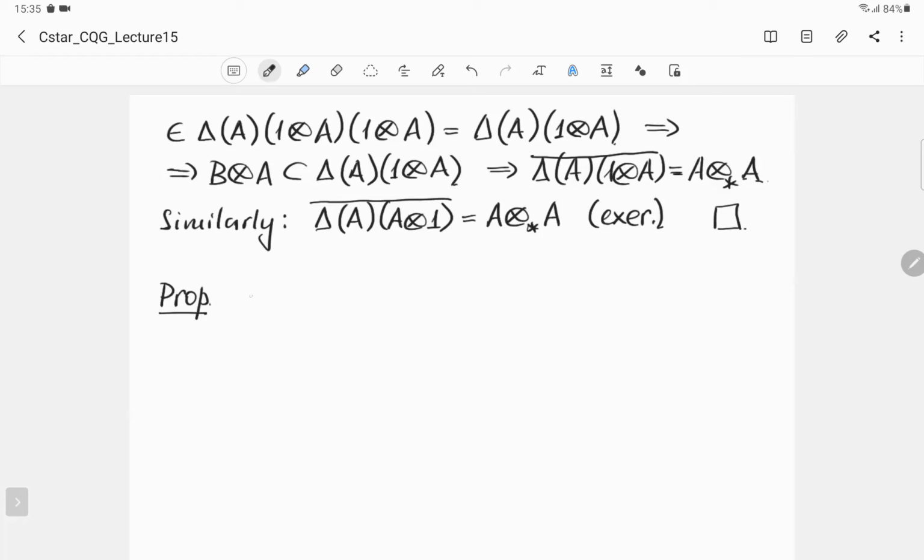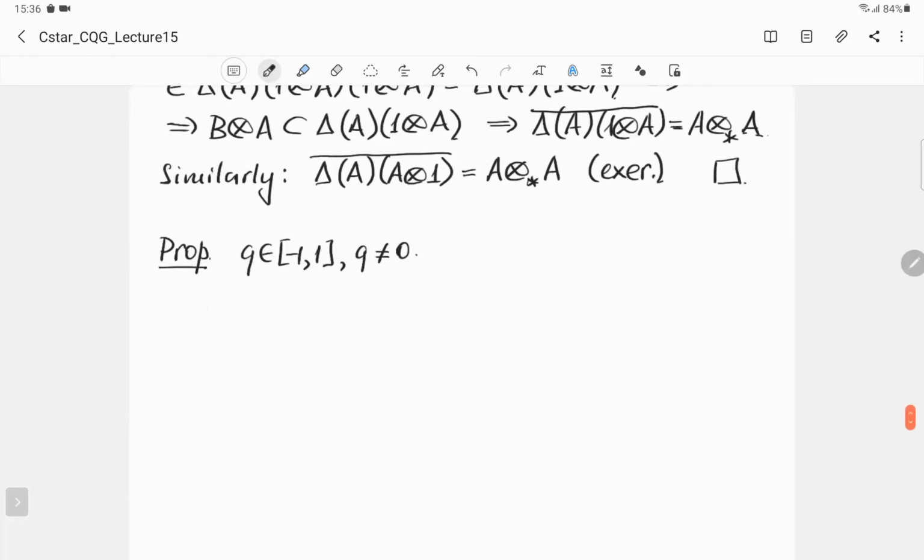As before, we suppose that q is a real number between -1 and 1 and different from 0, and let U be the unitary matrix which appears in the definition of the quantum SU2: alpha, gamma, minus gamma star, alpha star.